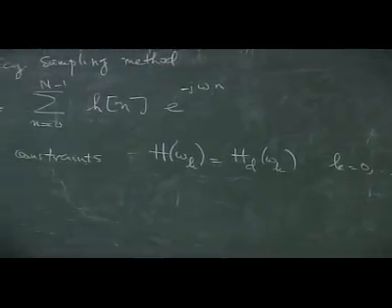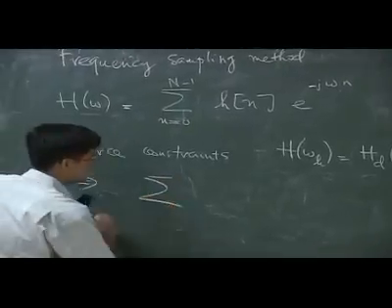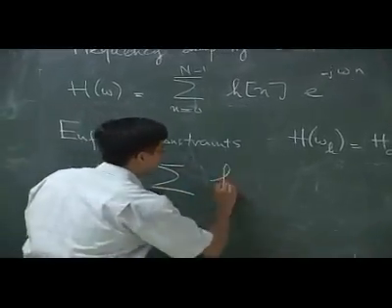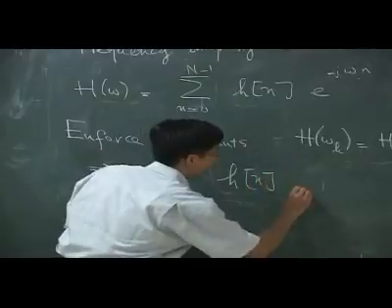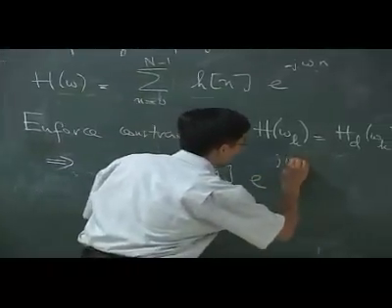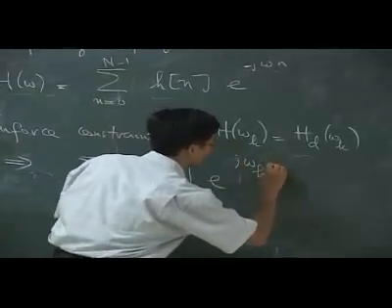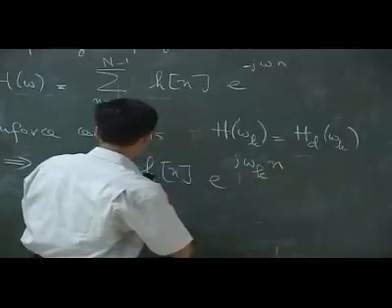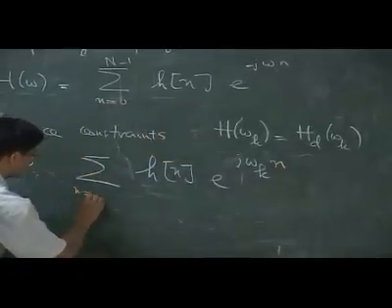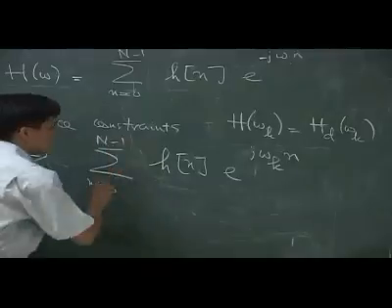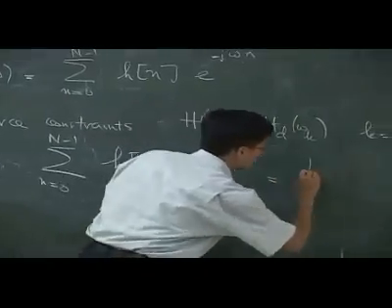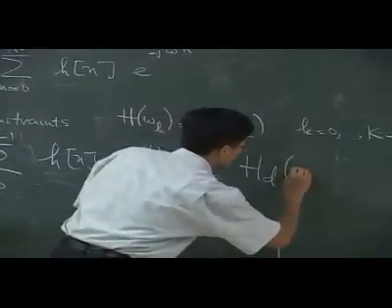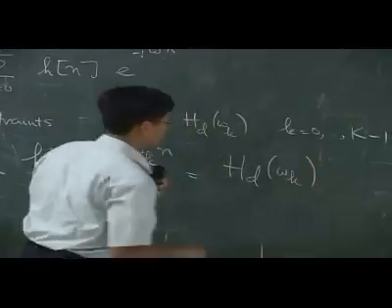Enforcing that would leave you something like this: a summation of h of n e to the minus j omega k n, with n going from 0 to N minus 1, equal to this H d of omega k.